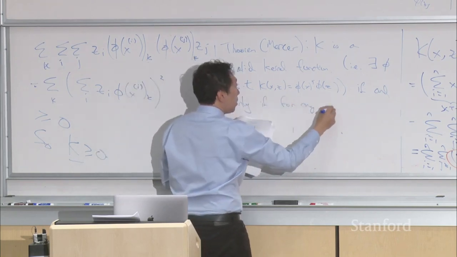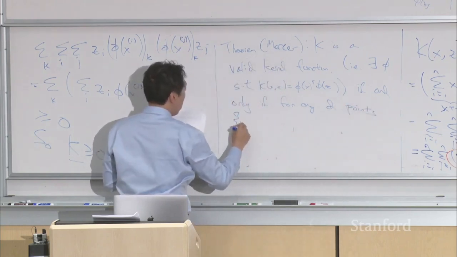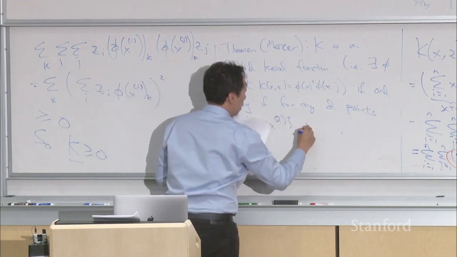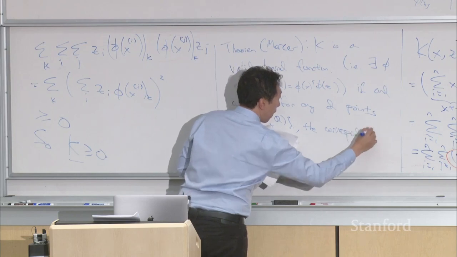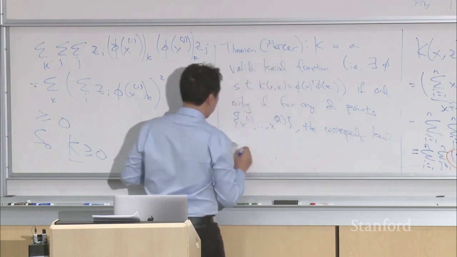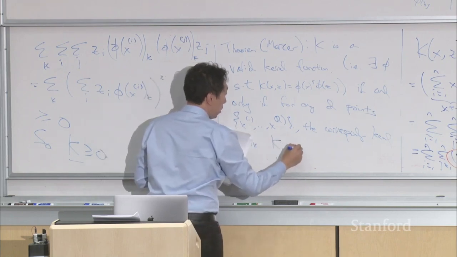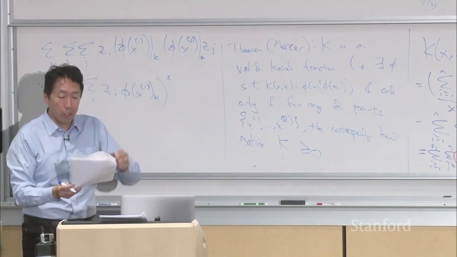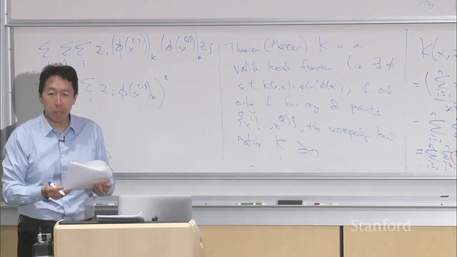for any d points x1 up to xd, the corresponding kernel matrix is positive semi-definite, so write as K greater than or equal to 0. And I proved just one direction of this implication, right?